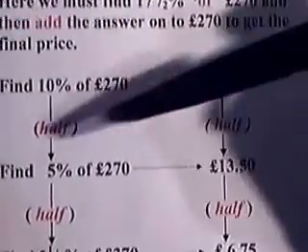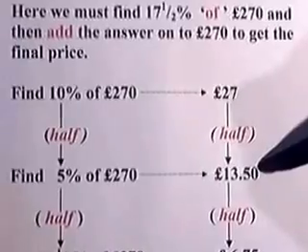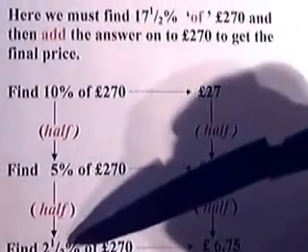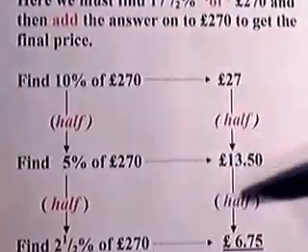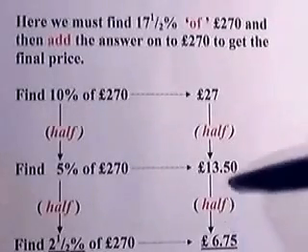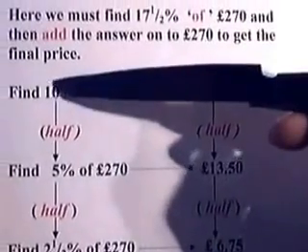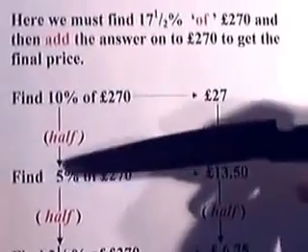Now let's just recap on what we found. We found 10% of 270 is 27. We halved that to find 5%, which is £13.50. We halved the 5% to get 2.5%, and that came out as £6.75, taking the half of £13.50.